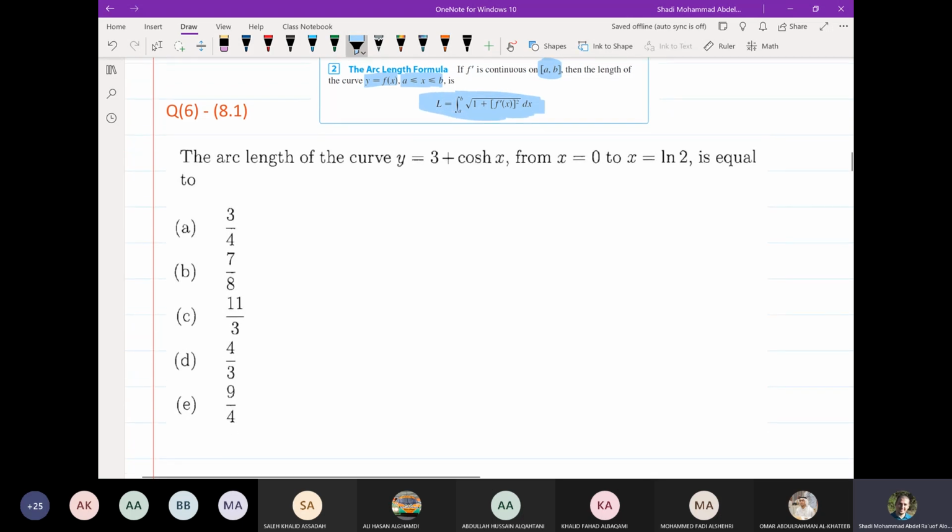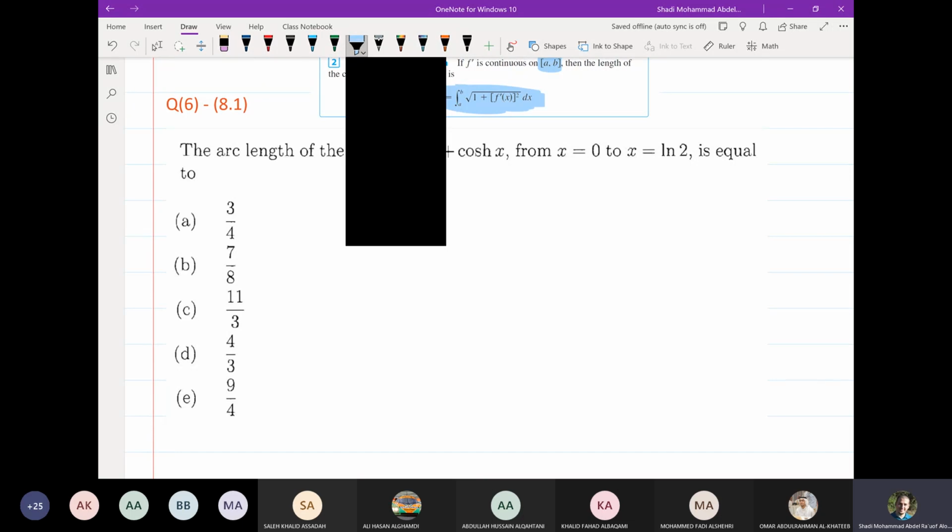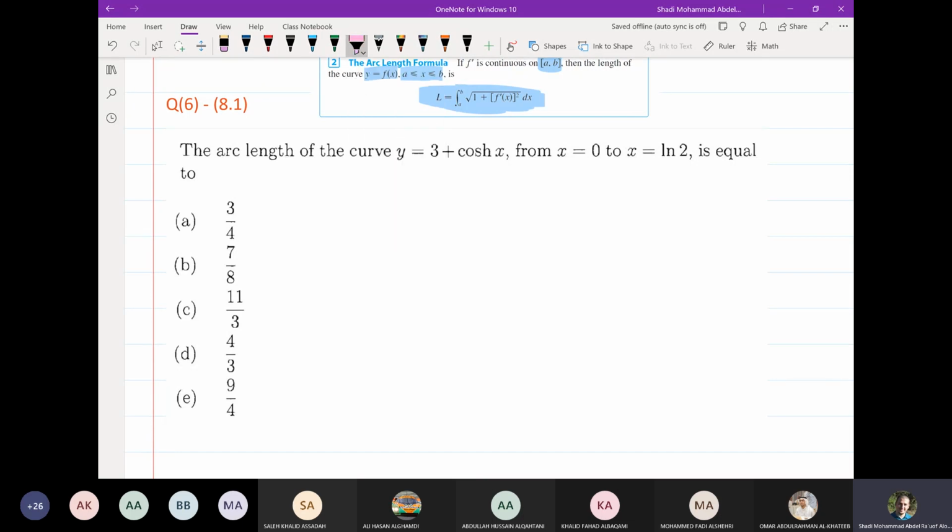So this is the rule. Let me give you time to solve this question. I need you to find the arc length of the curve y equal 3 plus cosine hyperbolic of x, on the interval from x equals 0 to x equals 2. Is it a, b, c, d, or e?